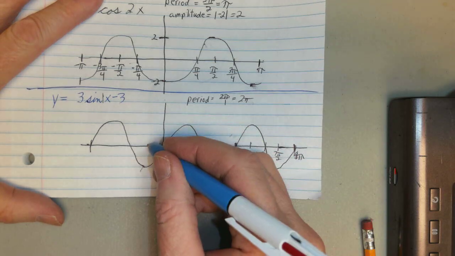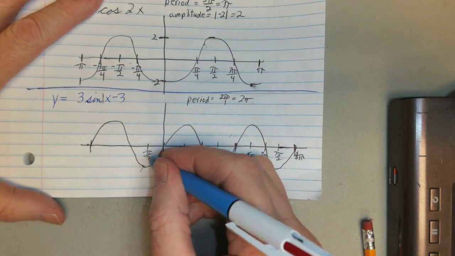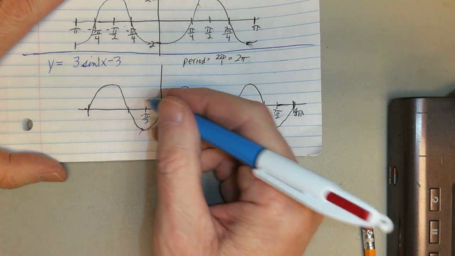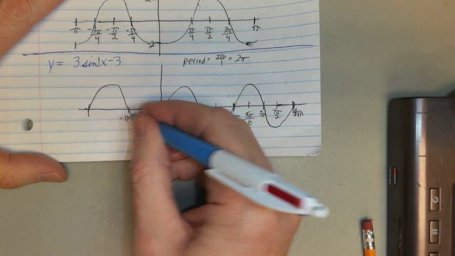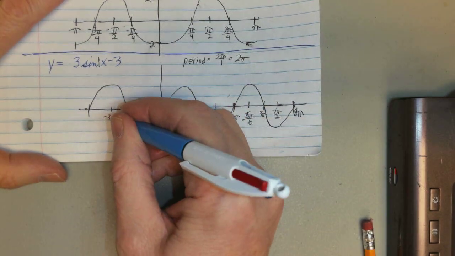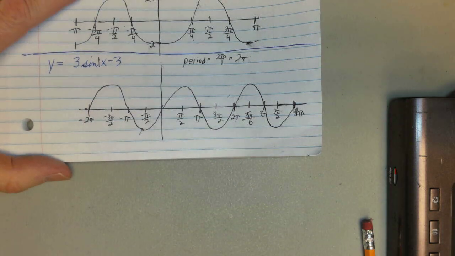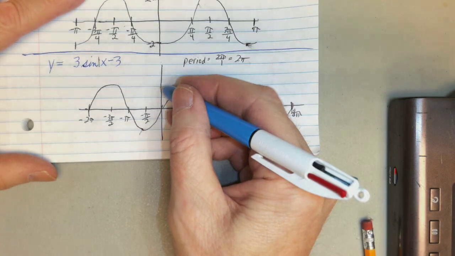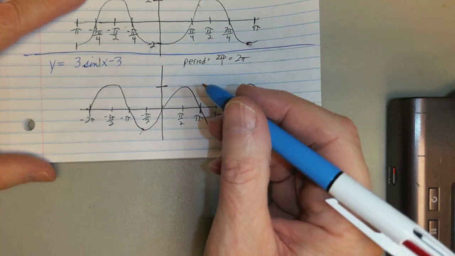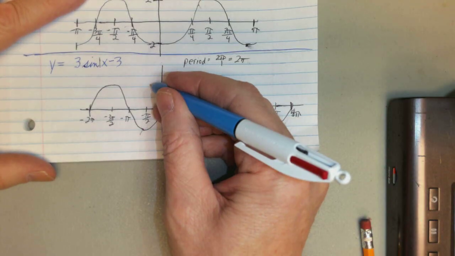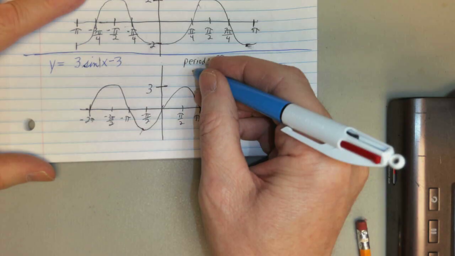This is negative pi over 2, negative pi, negative 3 pi over 2, negative 2 pi. My amplitude is 3.